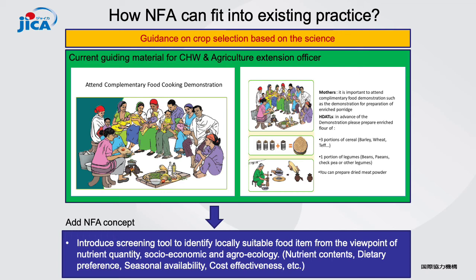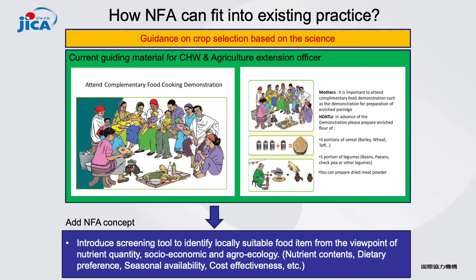Community health worker goes to the local community, gathers families who have babies. There, she will explain the importance of nutrition balance and what kind of food item can be a good source of nutrition. And finally, she will demonstrate how to prepare infant meal, complementary feeding.